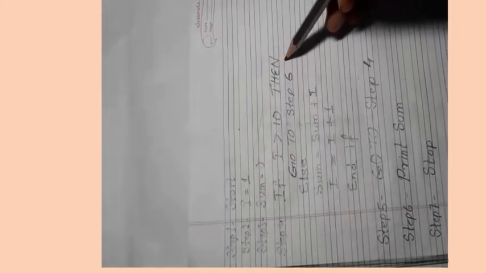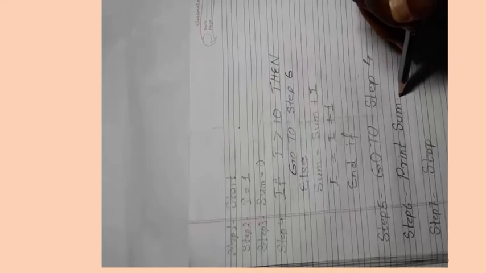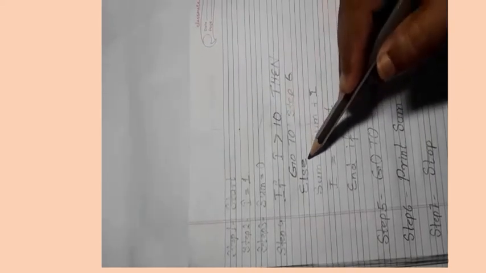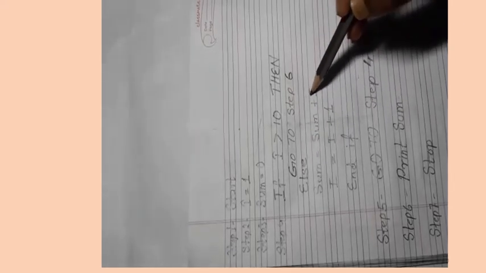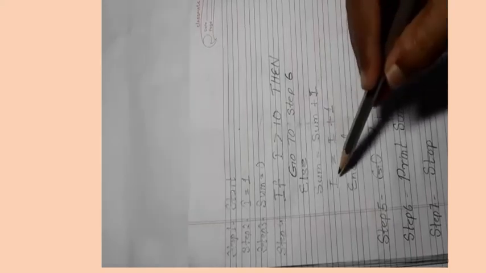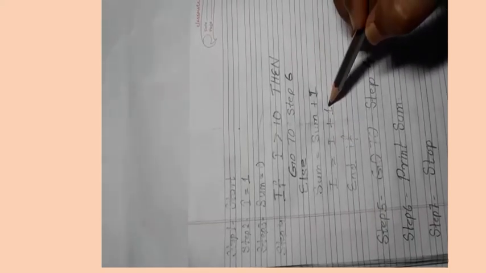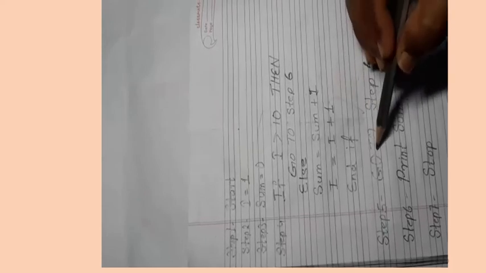If this is true, then we will go to step number 6 directly, print sum. If this is not true, then we will go into the else statement, sum is equal to sum plus I, I is equal to I plus 1, then we'll move on to the next step, that is step number 5.